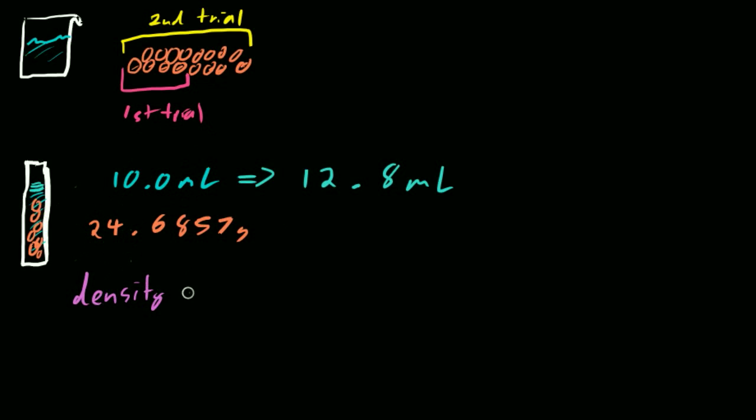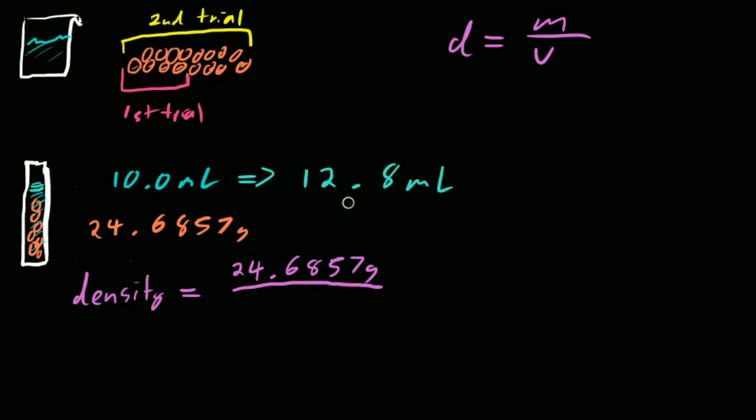Remember that density is equal to mass divided by volume. We know the mass of this metal shot that we put in: 24.6857 grams. We also know the volume. How do we get the volume?